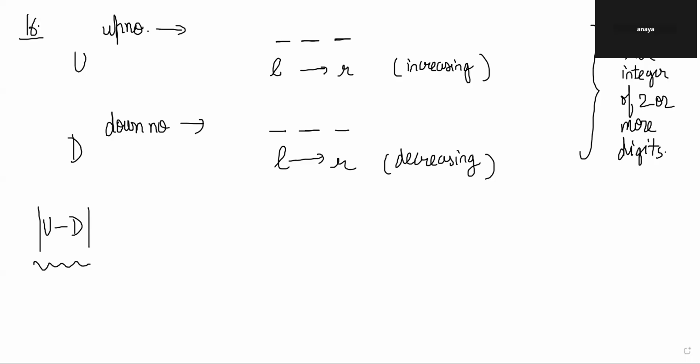Digits are increasing from left to right for an up number.